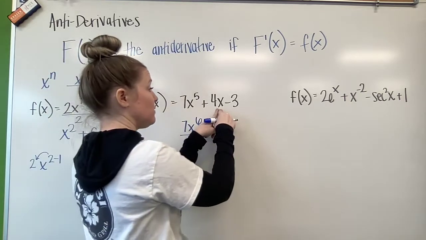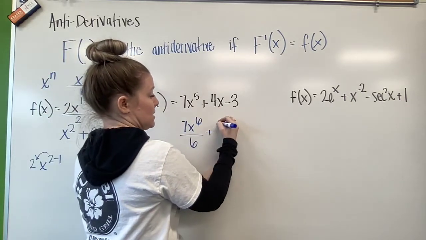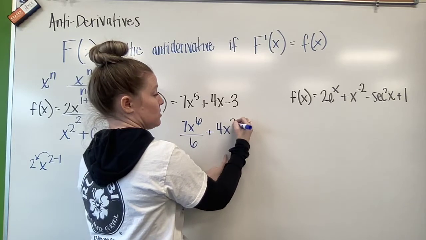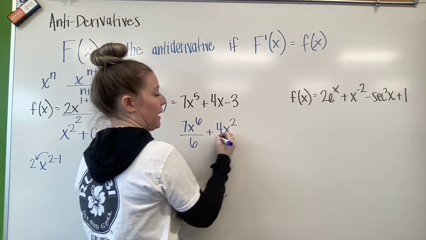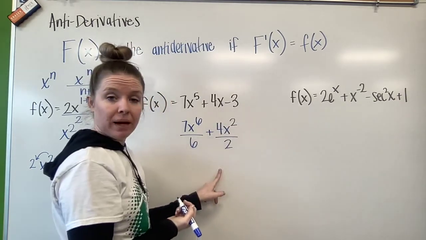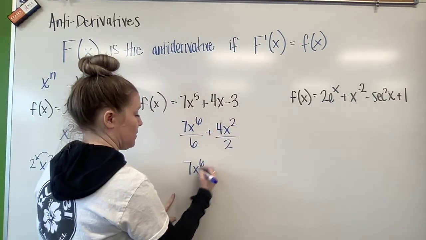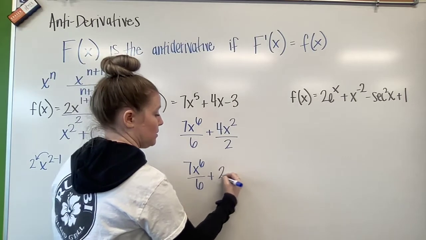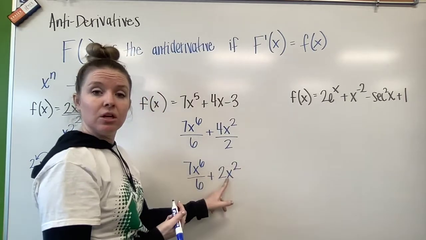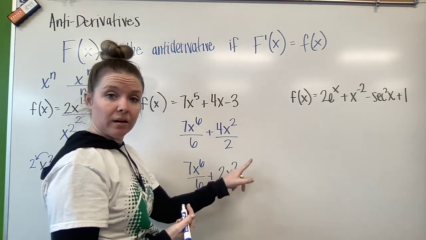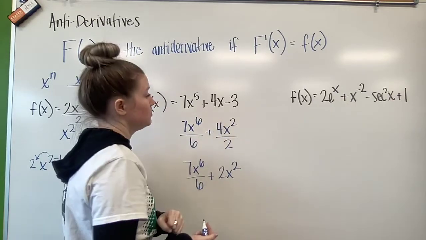Okay, antiderivative here, that's going to be 4x squared, add 1 to the power, divide by the new power. 4 divided by 2, we're going to have to reduce, and that's going to leave me with 2x squared. The derivative of 2x squared is 4x.